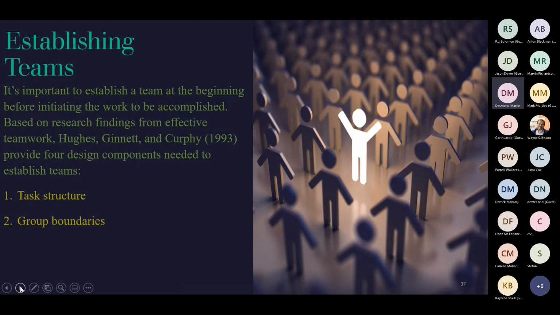This speaks to the team understanding the task and finding meaning in it. The team is given autonomy to accomplish the task. Two, group boundaries. The size of the team is just right, not too big, not too small. Diversity exists within the team, and the team has sufficient knowledge, information, and interpersonal skills to accomplish the goals harmoniously.